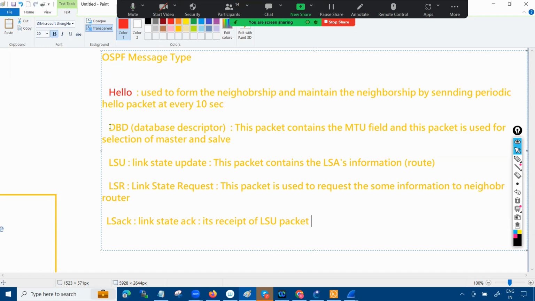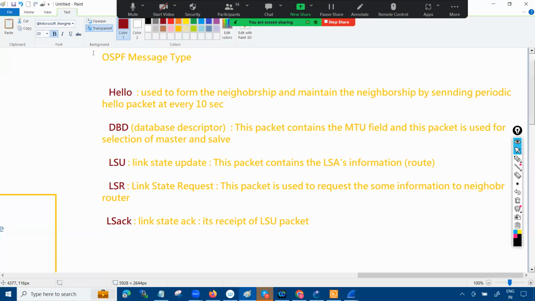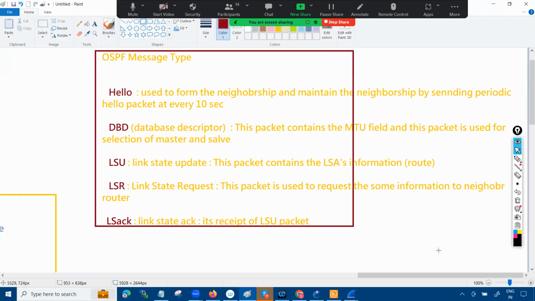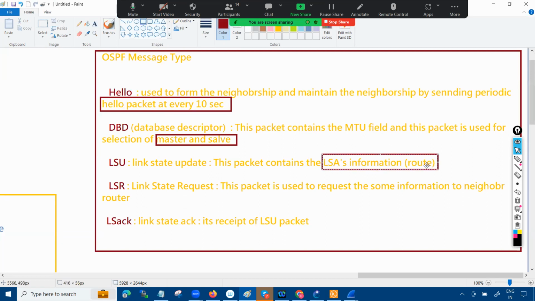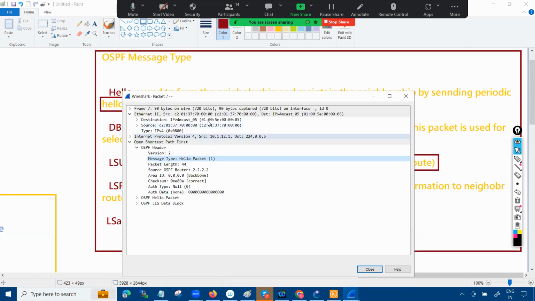So the DBD packet is for the master and slave. The LSU packet contains the LSA information, you can call it route information. LSR is just for the request, and link state acknowledgement is for the receipt of the LSU packet. That's all.